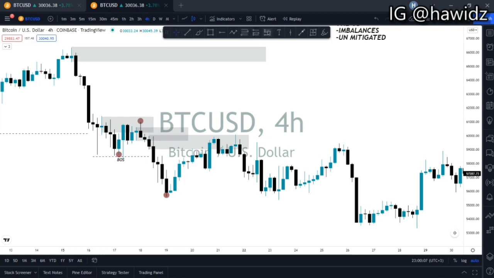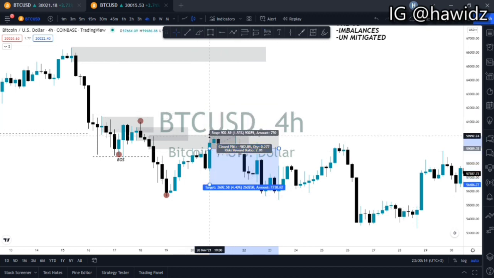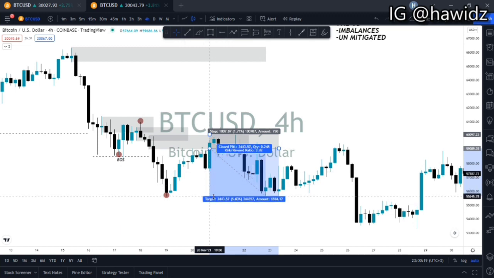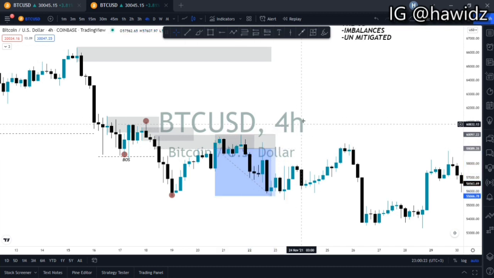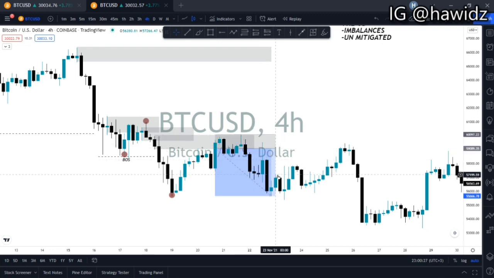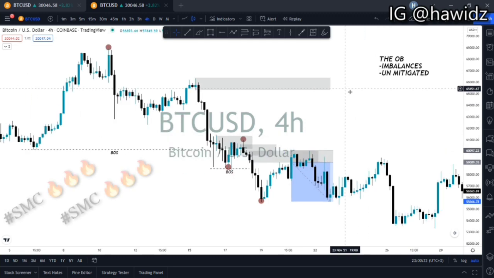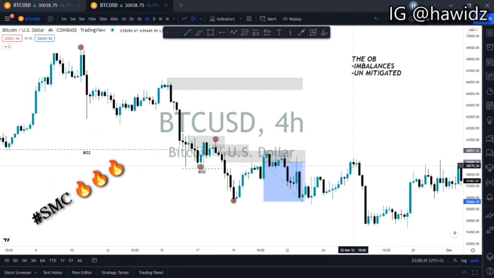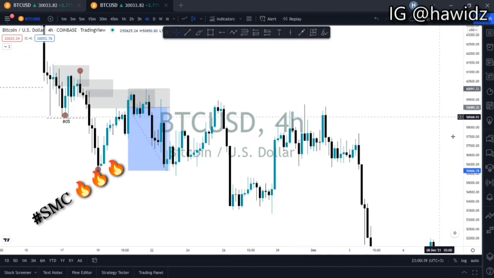Meaning that if you would have taken your entry here, this is just an example, right? If you would have taken an entry there, it means that, yeah, this was a win for you. You were looking to target that low, and boom, right there you go. It comes, it doesn't take you out, and it goes accordingly. So this shows that it holds, right? So it did hold.